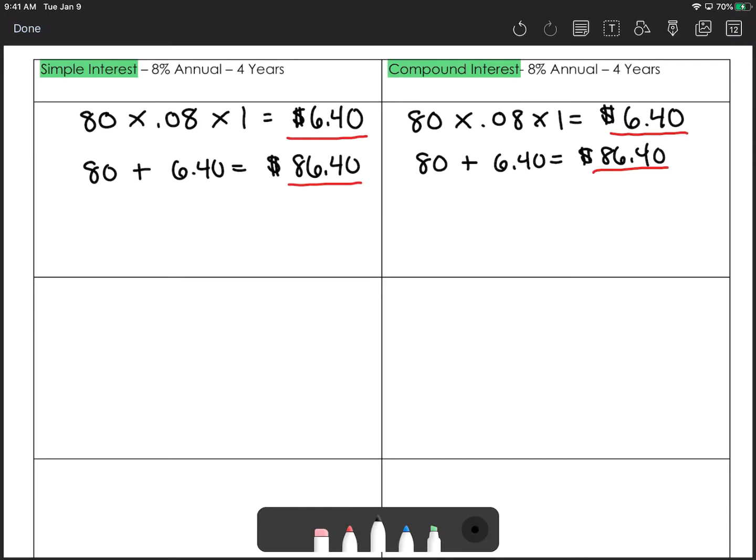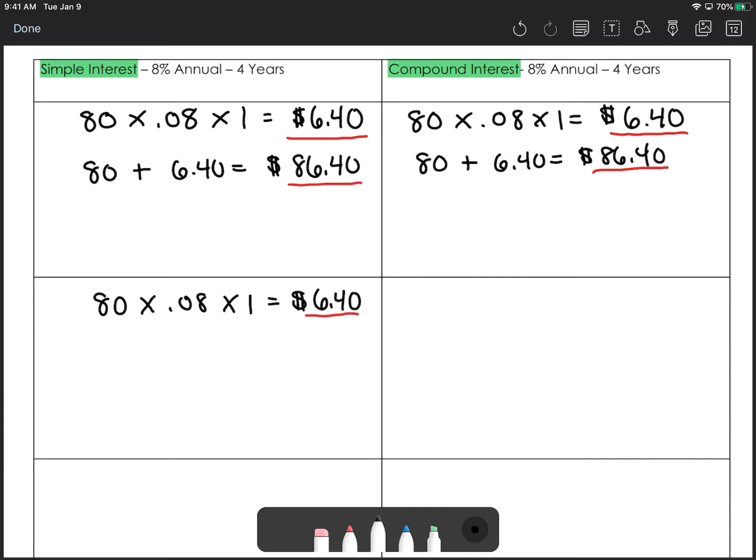Now in the second year is when we're going to start noticing the difference. For simple interest, the interest is earned on the principal only. So for the second year, I would take 80 times 0.08 times 1 year is equal to $6.40. So this is the interest earned over the second year.